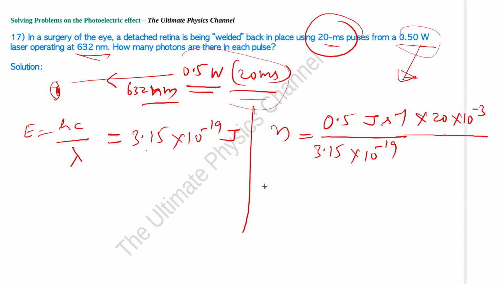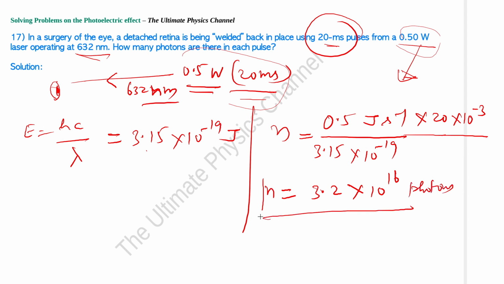So these numbers are worked out, and we get the total number of photons as 3.2 into 10 power 16 photons. This is the number of photons present in each pulse of that pulsed laser of 0.5 watt, 20 millisecond pulses, that is used in this retinal correction surgery. Right. Let's move on to the next problem.